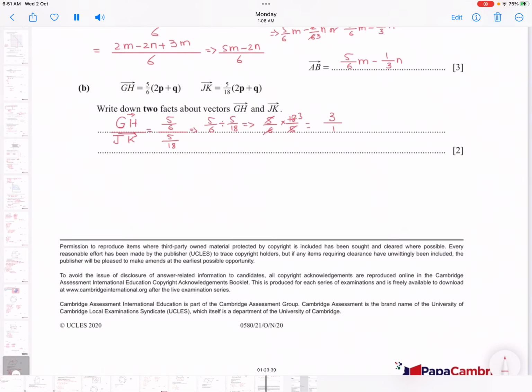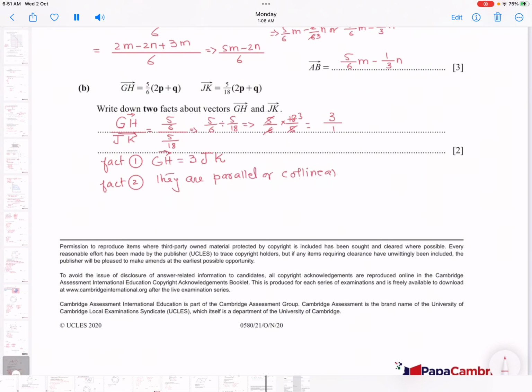So we can write the first fact that GH is equal to 3 times JK. And the second fact is, because their vectors are the same, we can say that they are parallel or collinear. Collinear means they lie on the same line. So this is our final answer.